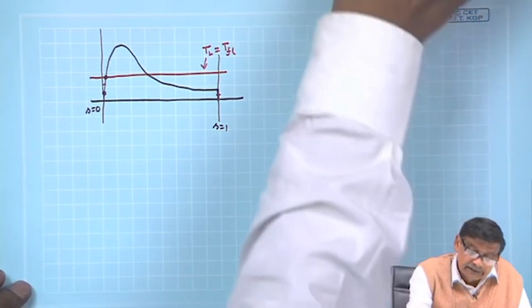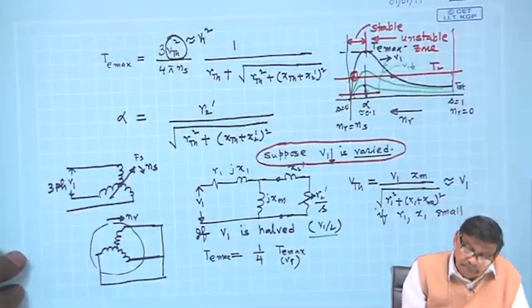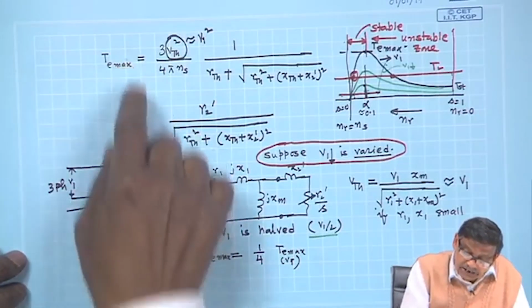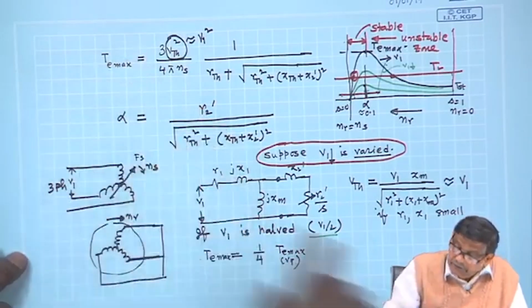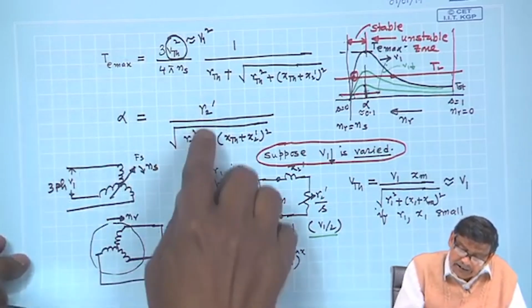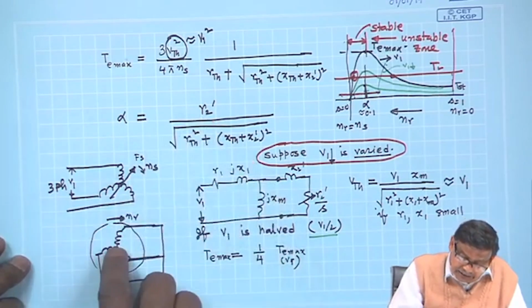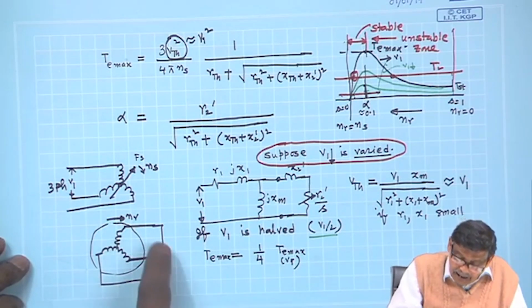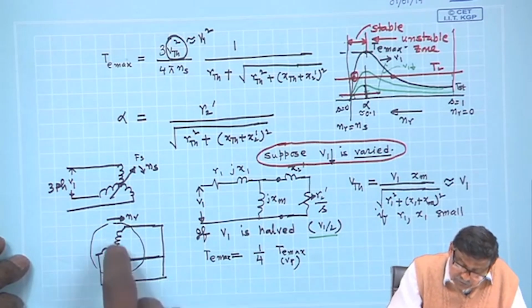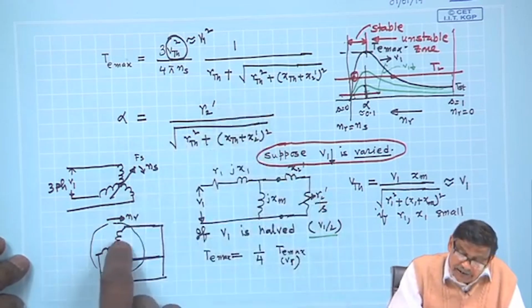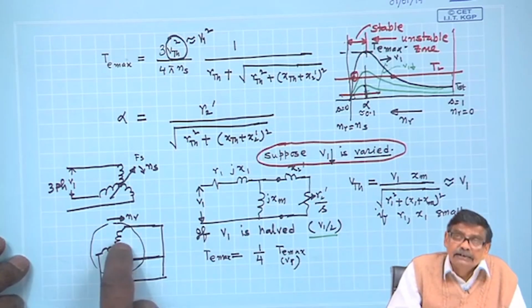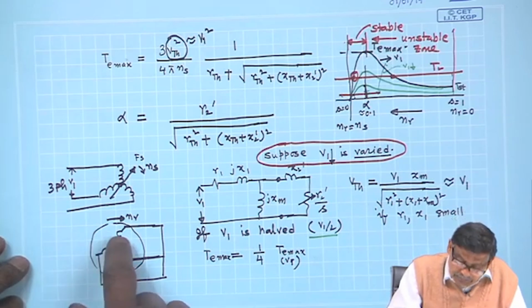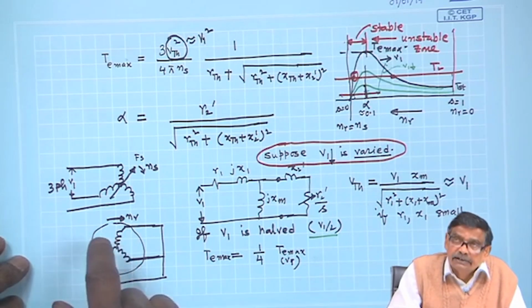We have seen that these two relations are very important. Okay. What is R2 dashed? R2 dashed is the rotor circuit resistance, and here I have shorted the rotor. So, this small R2 is the inherent value of the rotor resistance per phase.